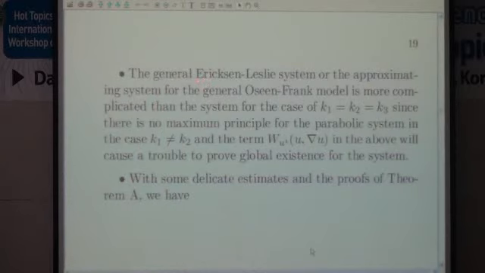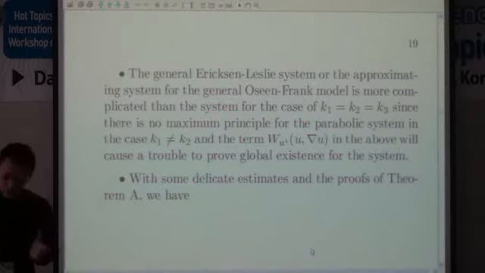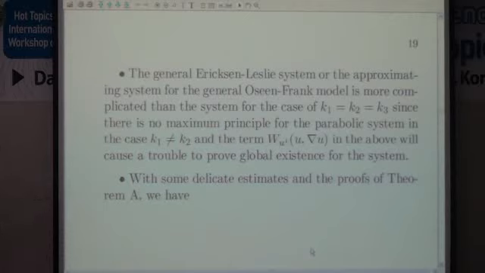Okay, so this general Ericksen-Leslie system, why is it different from the three-constant case? Because from the theory of parabolic systems, for example in Professor Armand's paper, the book, he mentioned there is no maximum principle. In the Laplace case you have the maximum principle: if u is less than 1 initially, then u stays less than 1. That is not true, even for the approximation model.